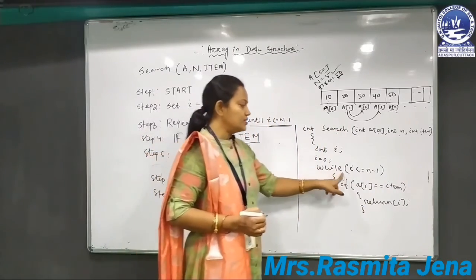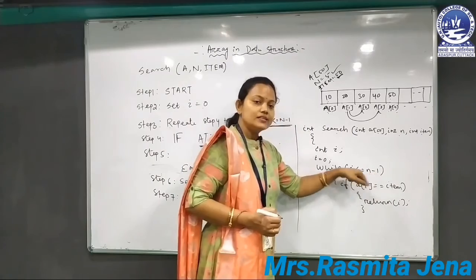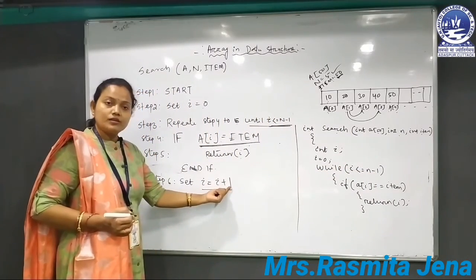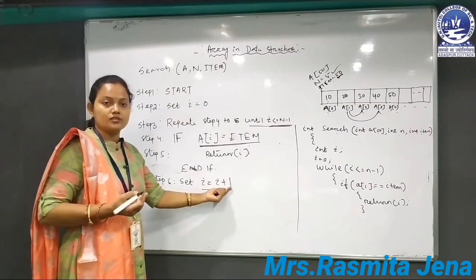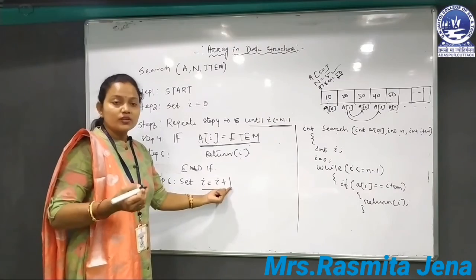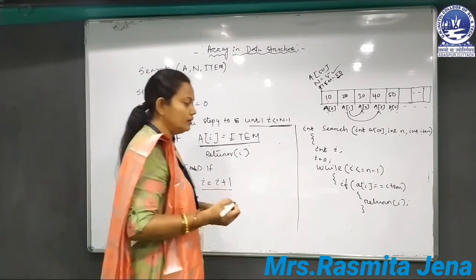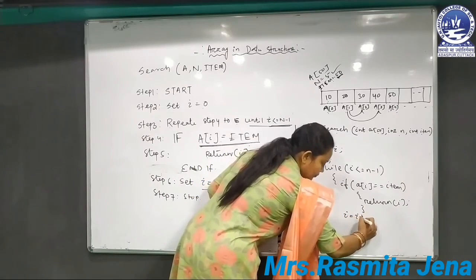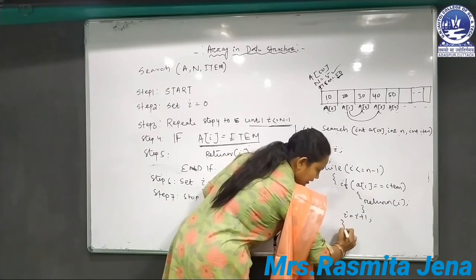If this condition is not true, then simply increment the counter variable value, because to continue the loop execution we must increment or decrement the counter variable. So in this case we need to increment the counter variable. For that we can write I equals to I plus 1, then end of the loop.